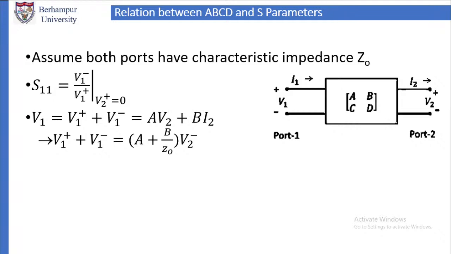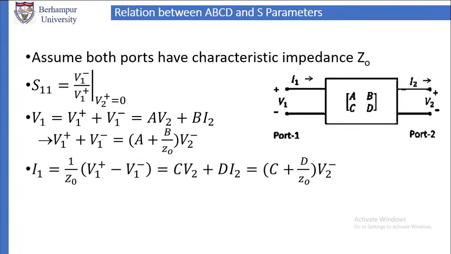If I take V2 common on the right hand side, then A plus B into I2 by V2, and I2 by V2 is equal to Z0, the characteristic impedance. So A plus B by Z0 into V2 minus.